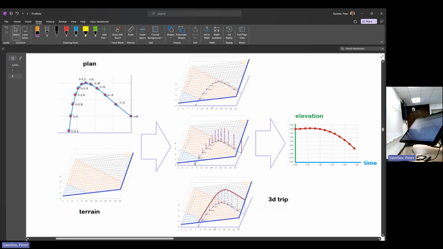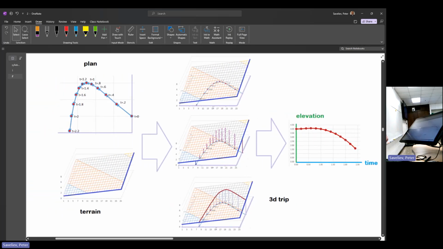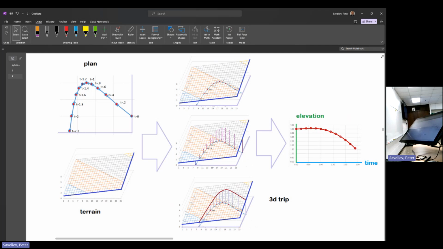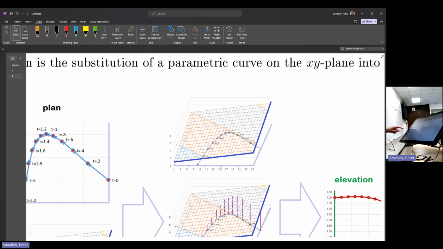So what I'm doing here, I draw my path on the underlying plane, the XY plane, and that picture over there is drawn on it. That's the top picture here. Then I lift this picture to the terrain in the vertical direction.